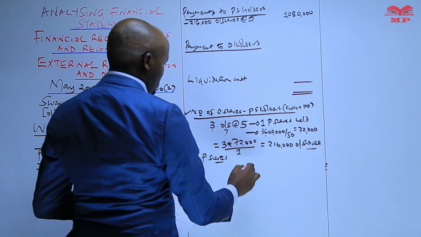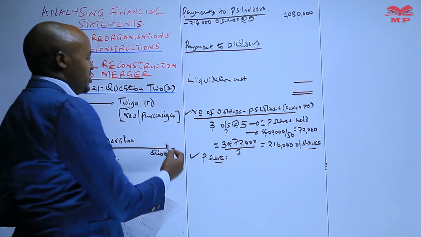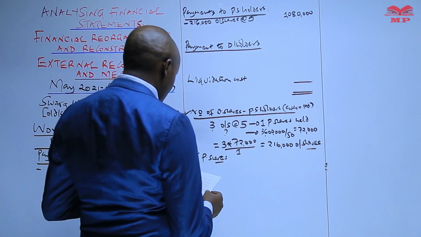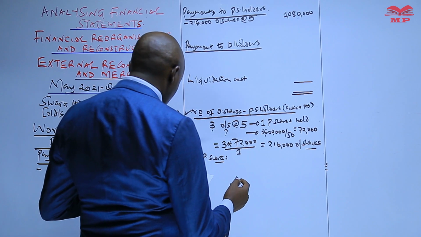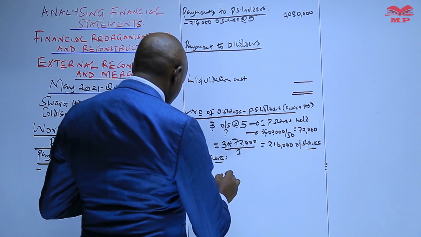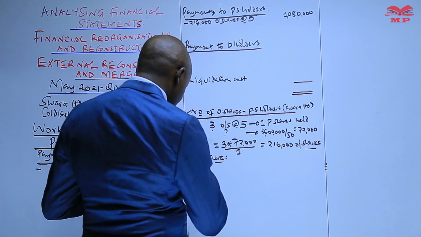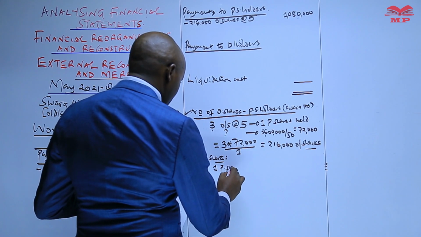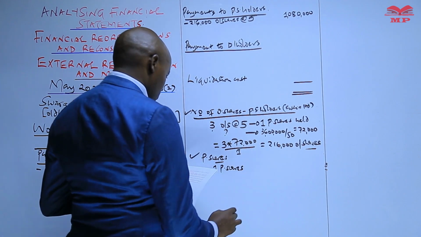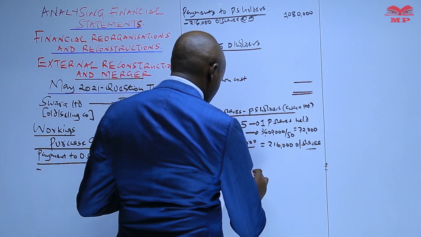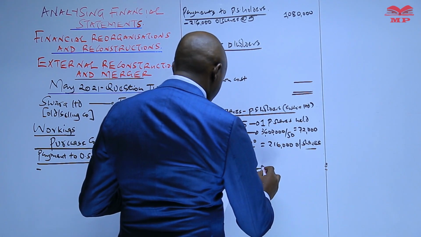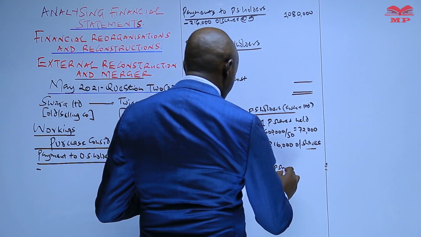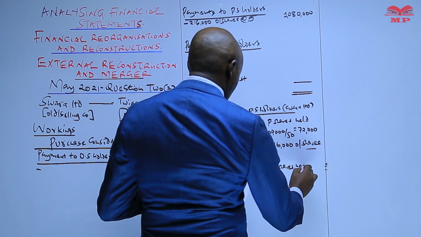So what we need to do is to determine the preference shares issued by the new company to the preference shareholders of Swara Limited. And we are told in sentence number 2 that, in addition, one fully paid preference share will be issued by the new company, which is Twiga, for every 4 preference shares which were held.